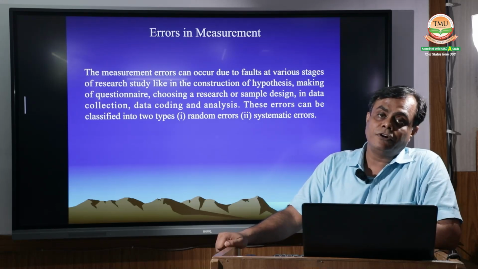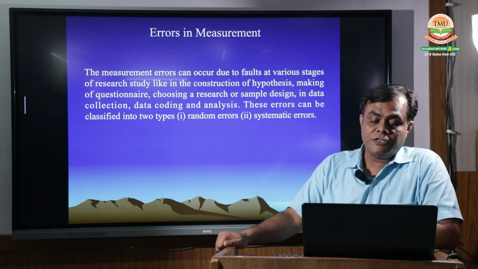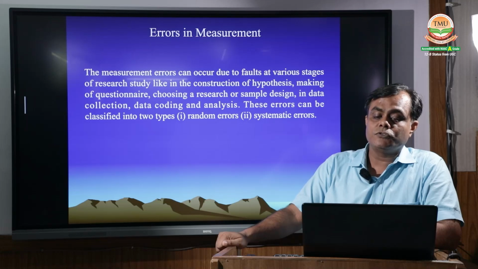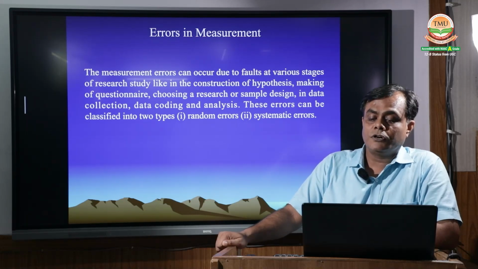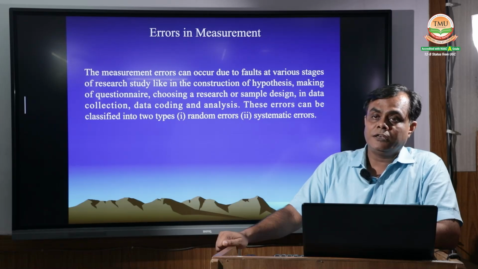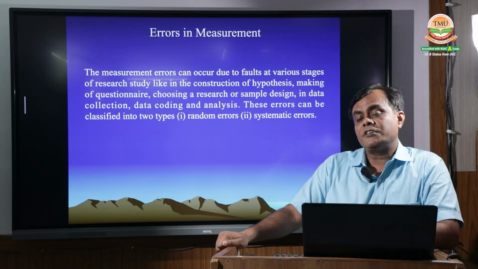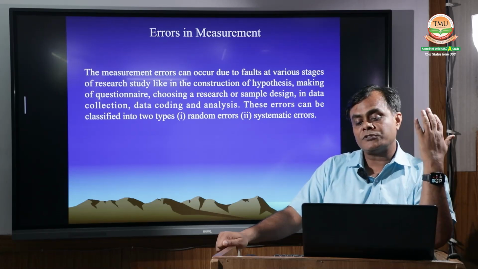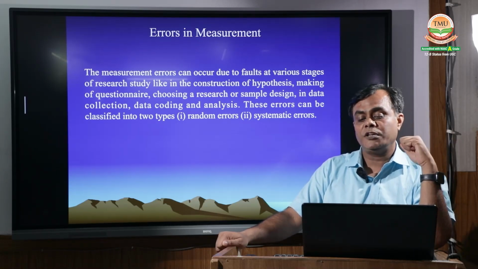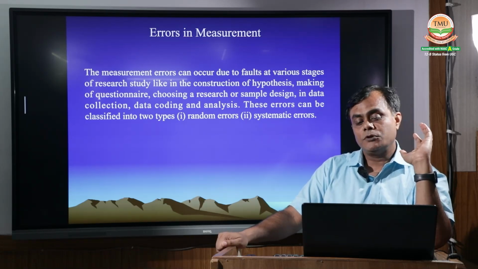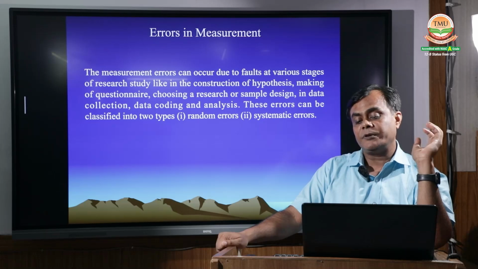Due to certain faults and biases, errors come in the measurement, and in research studies, in steps like the construction of the hypothesis, making the questionnaire, choosing the research or sample design, data collection, data coding and data analysis. So these types of steps we are using in the research process, and in the various stages there are many errors coming, and those errors are classified into two types: random errors and systematic errors.